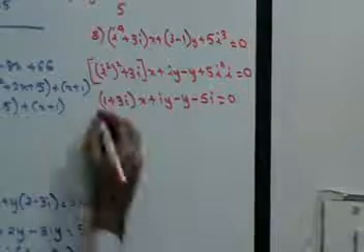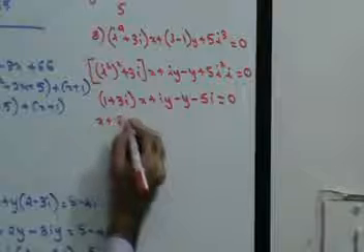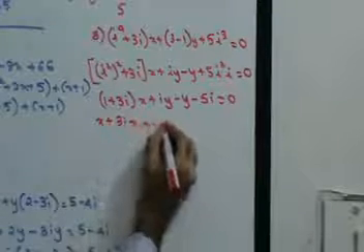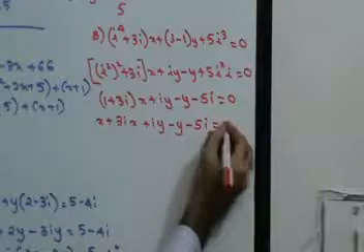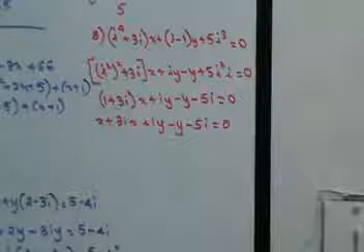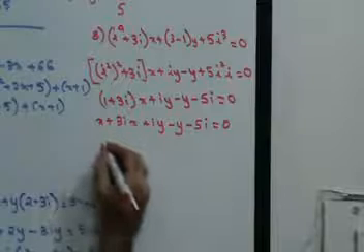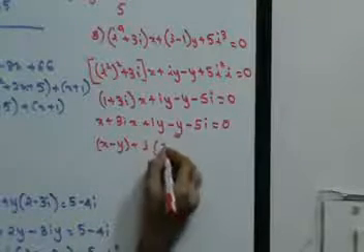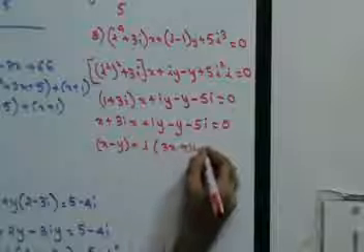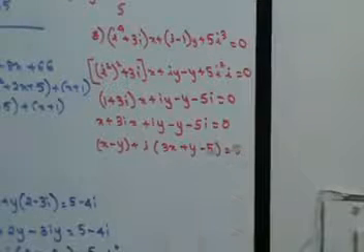Open the brackets and simplify this. This will be x plus 3ix plus iy minus y minus 5i is 0. Now get the real and the imaginary terms together. So x minus y plus i, 3x plus y minus 5 is 0.